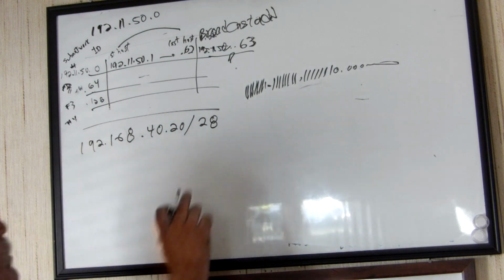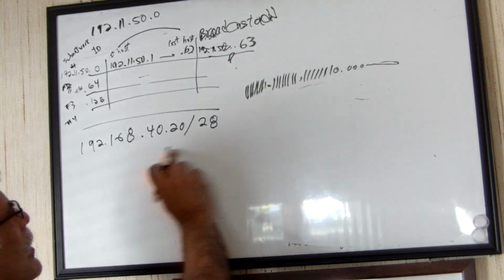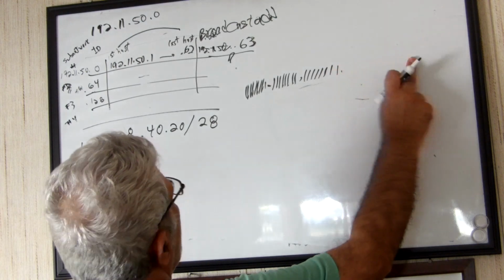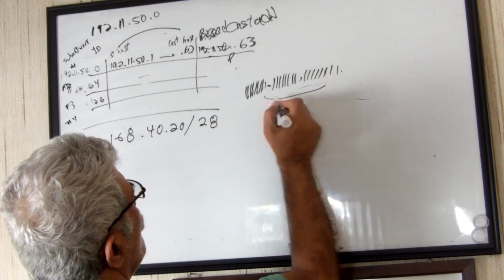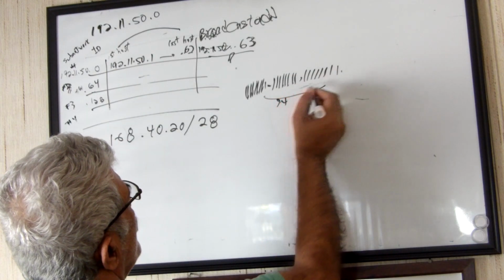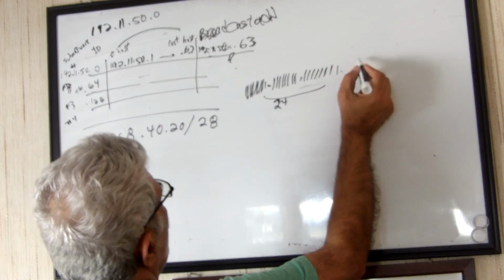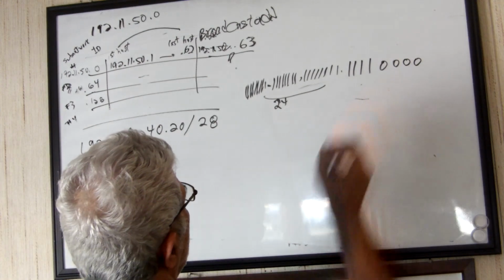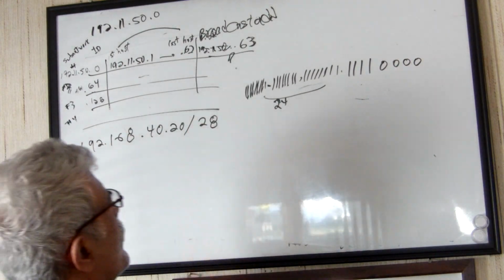Okay, but what does 28 mean? Here all ones, and then from here 28. It is 24, 8 of these 24, and 4. So this is going to be /24.